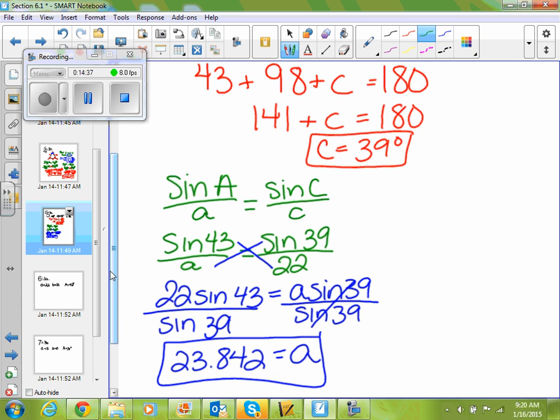I also need to find side length B. So I'm going to use my sine of B over B equals sine of C over C formula.